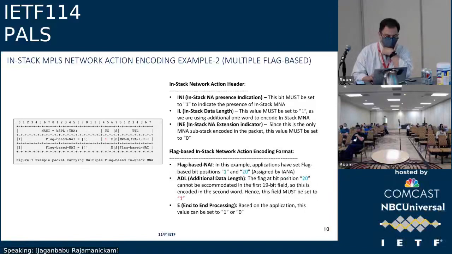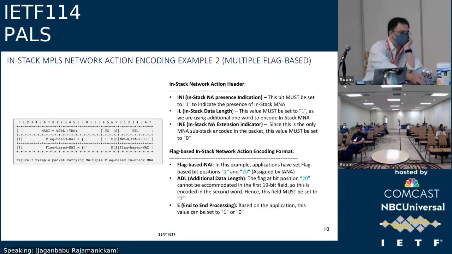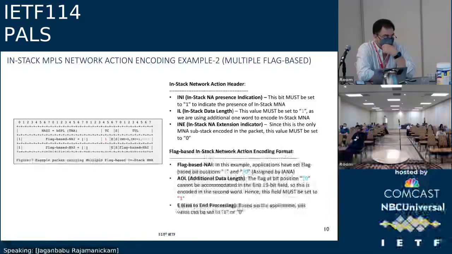Since we're adding one more word to that, the ADL field is going to be set to 1. This will help the hardware to identify that the flag-based fields are going to have an additional word, and then it can process easily. So it'll be more hardware friendly. Next slide, please.